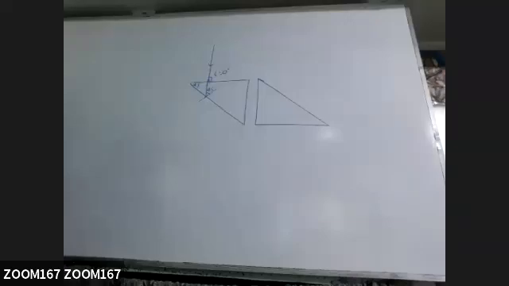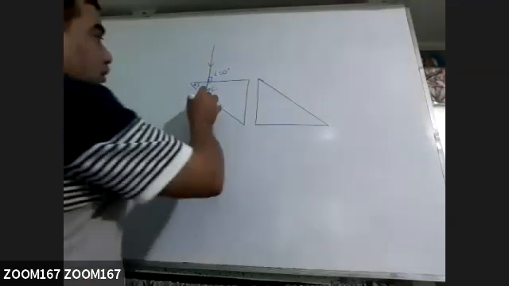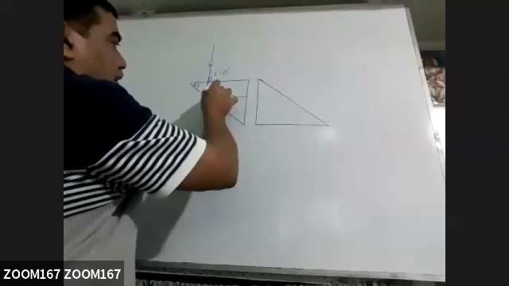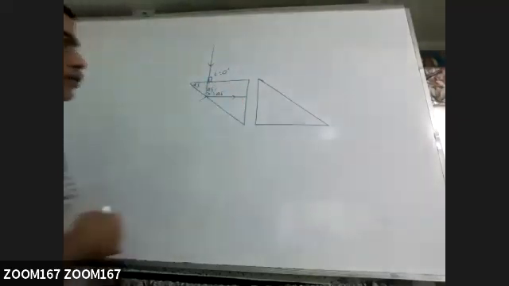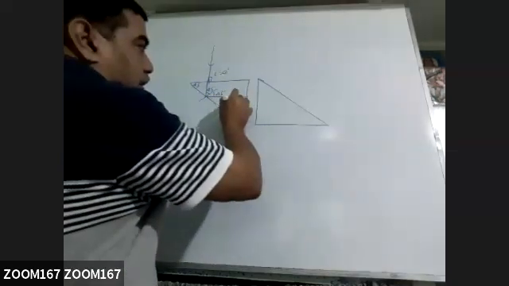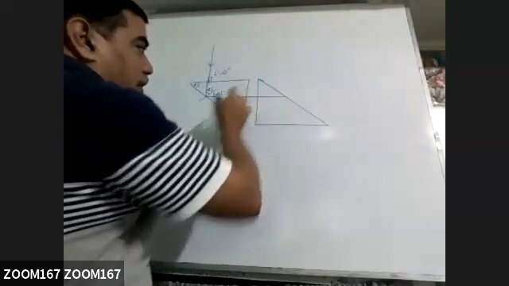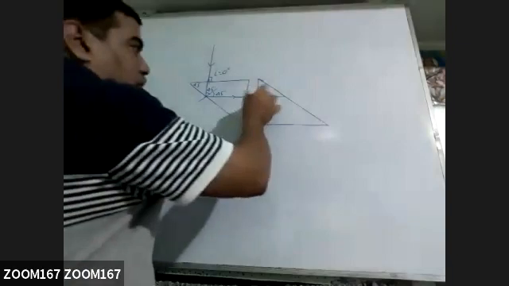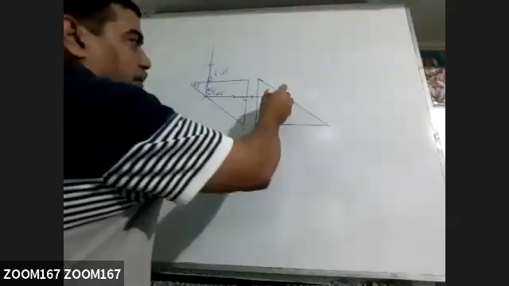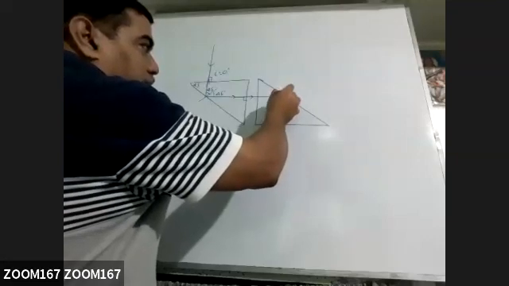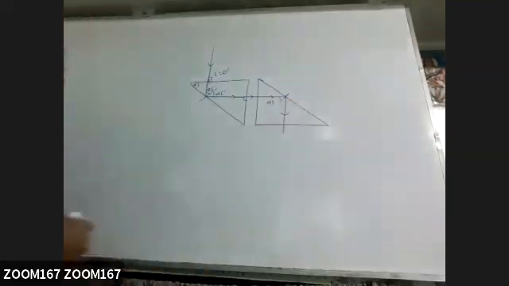Now here the angle of incidence is more than the critical angle, so total internal reflection will take place. Now it will emerge out undeviated because here it is 90 degrees. So it will be incident on this prism. Here again the angle of incidence becomes 45 degrees, so it will be reflected this way.